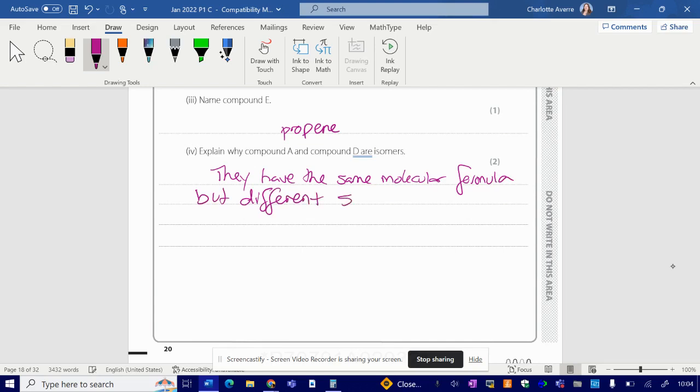That's how they are bonded together. You can describe that in words and talk about the fact they contain the same number of carbon and hydrogen atoms, but they have got different structures. They're connected by different bonds, but this is the quickest and most succinct way of explaining it.